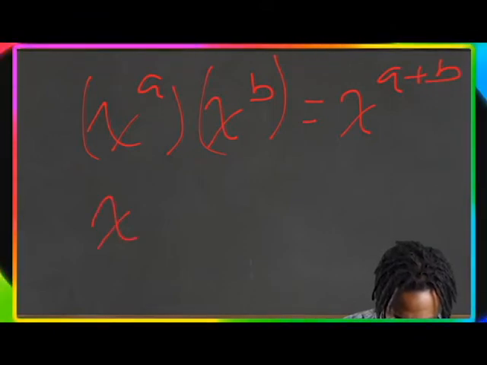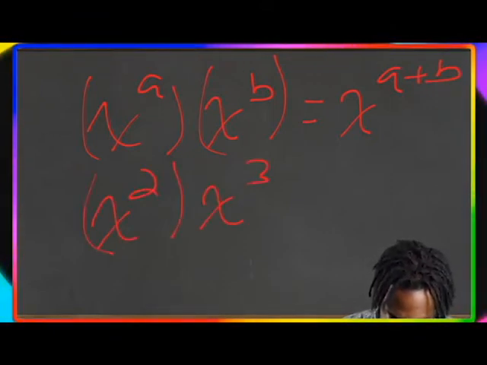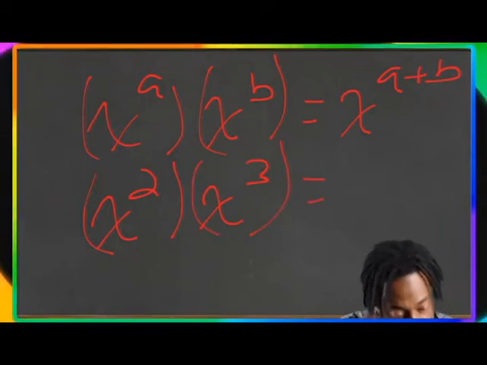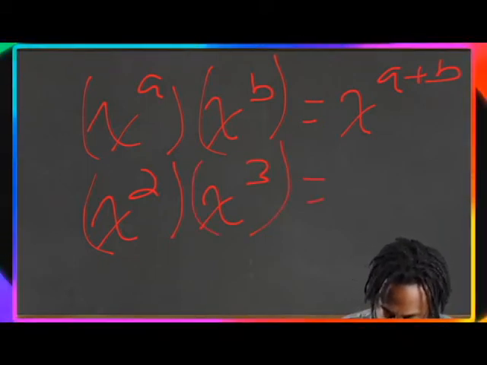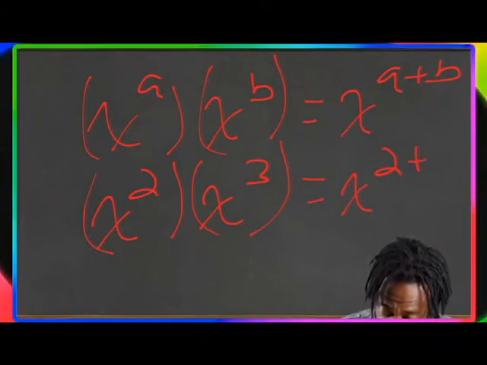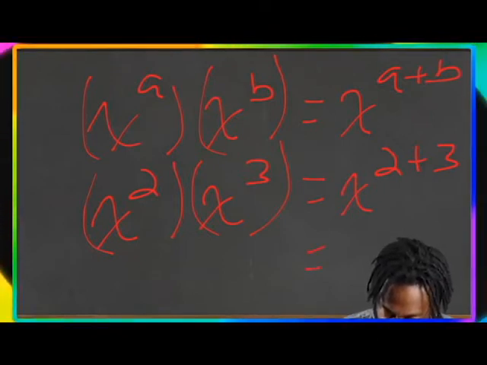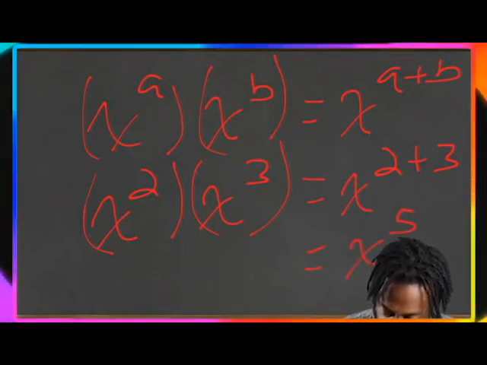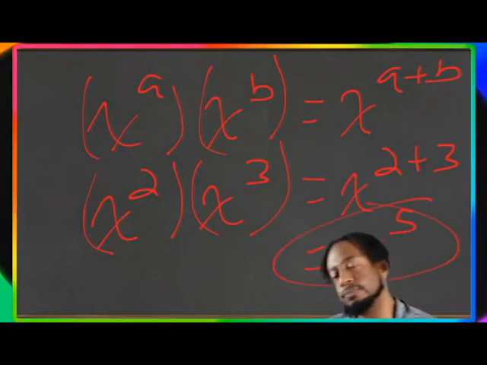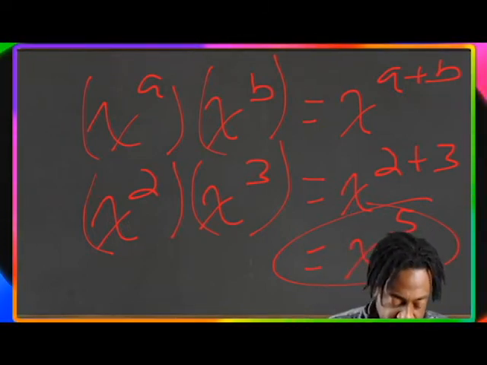So if I have x squared times x to the third, like we had in the last slide, which will be x to the 2 plus 3. Then all you got to do is add it together. X to the what? 5th. Boom. Now, we have x to the 5th.